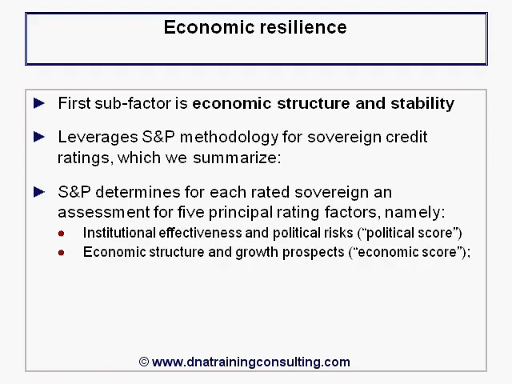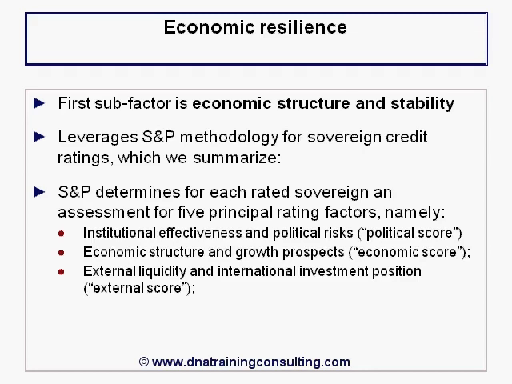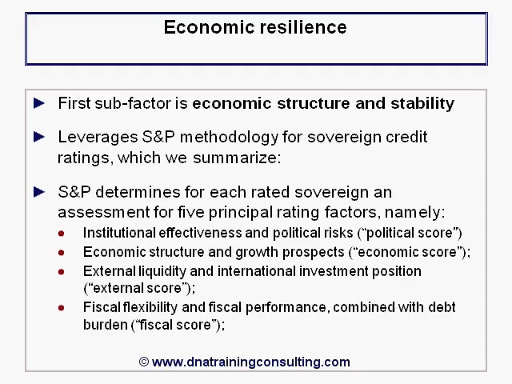economic structure and growth prospects, the economic score, external liquidity and international investment position, the external score, fiscal flexibility and fiscal performance combined with debt burden, the fiscal score, and finally monetary flexibility, the monetary score.